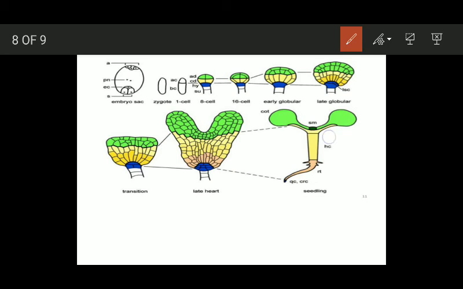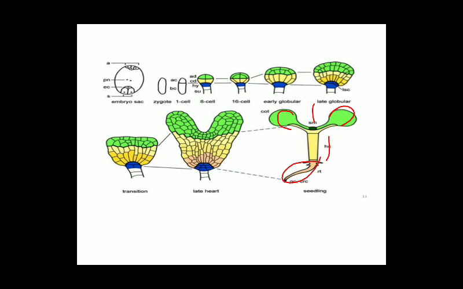This is hypocotyl, this is plumule, these are the cotyledons, and this is radicle. This radicle gives rise to future roots. So this is all about the embryogeny in dicots.